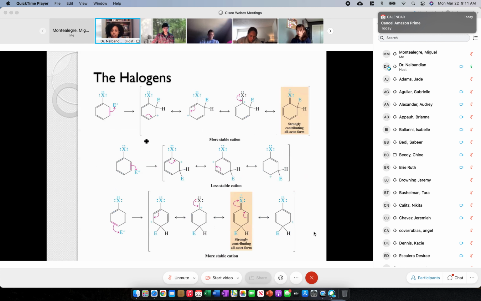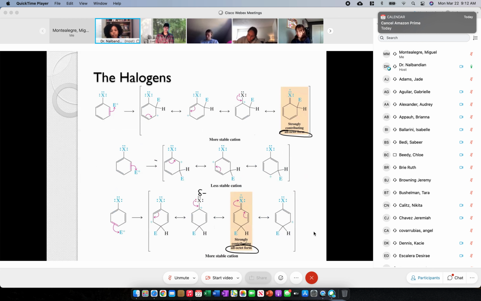What's happening in the resonance forms? Well, we add in our electrophile. We can add it to the ortho, meta, or para position. We end up with this all octet form, strongly contributing resonance form, because yes, even though this is a partial negative, pulling away electron density by induction, it can at some point say, okay, fine, I do have a lone pair I can share with you.